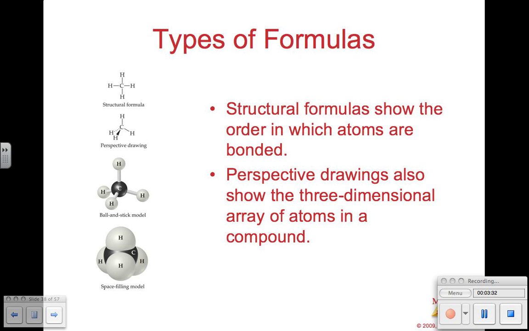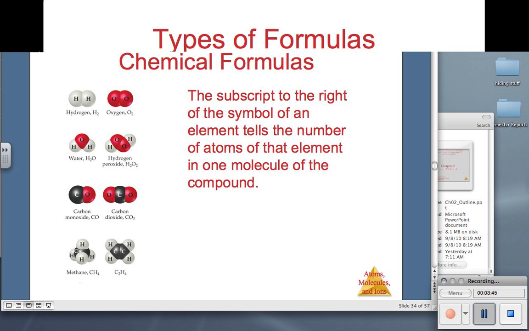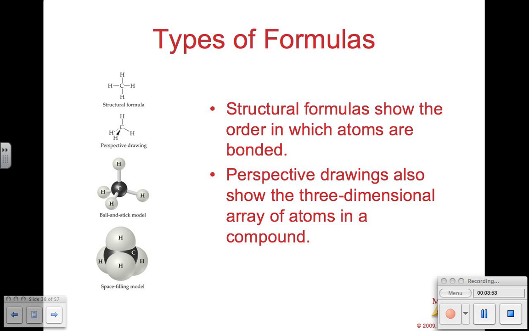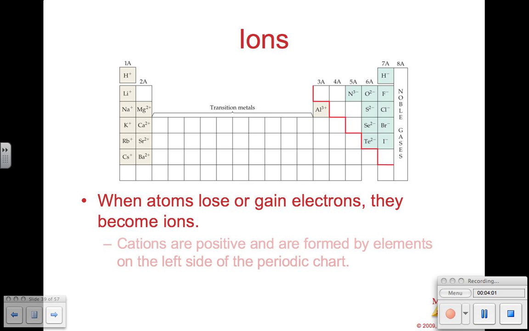And then you've got the ball and stick model as well as the space filling model. Perspective drawing is mostly common when you're talking about organic compounds. So if you go on to take organic chemistry in second year college, which is usually the typical time you would take it, then developing your ability to do perspective drawing comes into play.